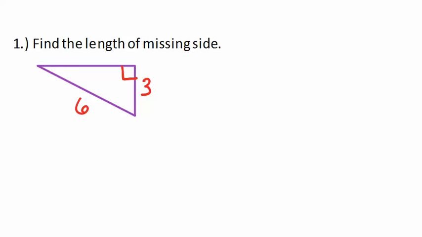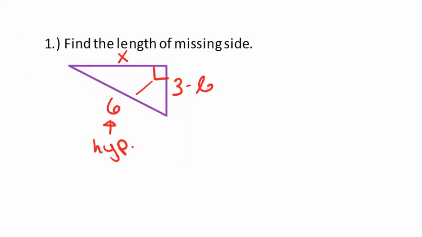So if we take a look at number 1, we have two of the sides and we're going to try to find the length of this leg labeled x. The hypotenuse is opposite the right angle, so it's 6, and 3 is the other leg.